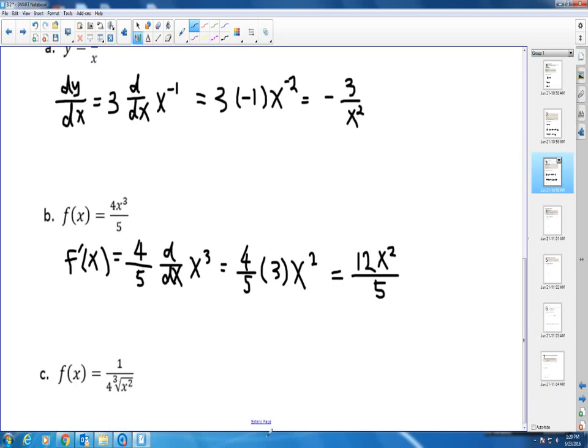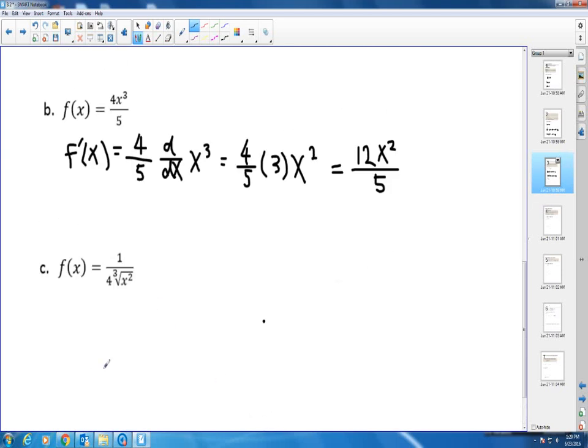Alright, let's look at this third one. This one is written a little bit more complicated, but what I want you to see is there's a 1 over 4 here as a constant. So when I'm taking a derivative of my function here, I can actually factor out 1/4, and I'm only going to take the derivative with respect to x of the 1 over cube root of x squared.